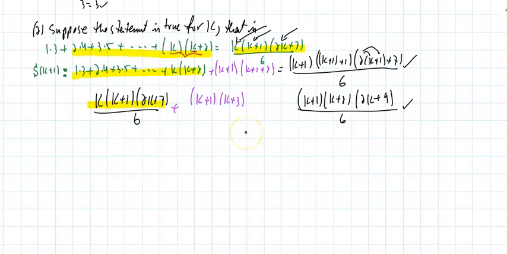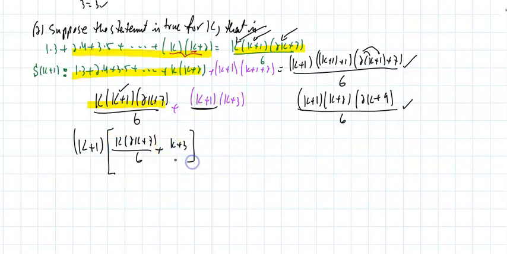If you FOIL, it's very hard to do. Instead, I'm going to factor k plus 1 out of both of those. If I take k plus 1 out of that, what's left? k into 2k plus 7 over 6 plus, if I factor k plus 1 out of that, I'm on the right track because there's a k plus 1 right there. That's very good.